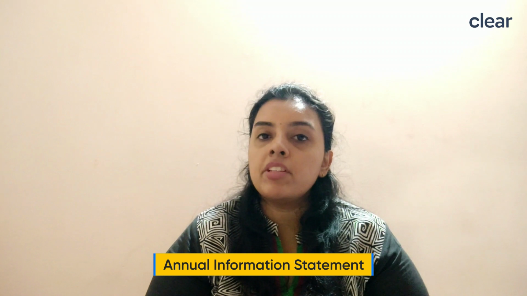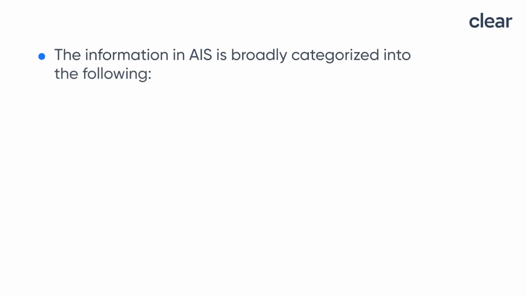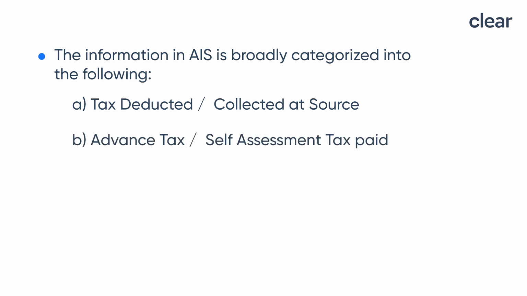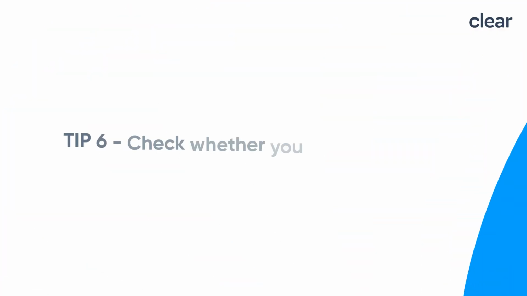The government has increased focus on voluntary compliance by the taxpayers by introducing the Annual Information Statement. One needs to ensure that there is no omission or misreporting of these details. The information in AIS is broadly categorized into tax deducted or collected at source, advance tax or self-assessment tax, specified financial transactions, demand or refund, and pending or completed proceedings.